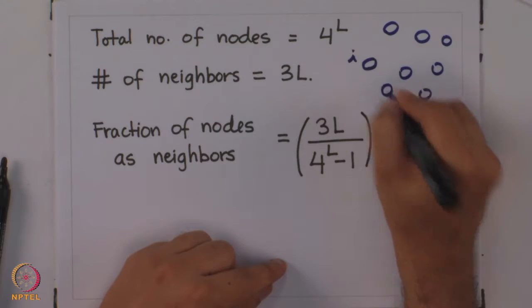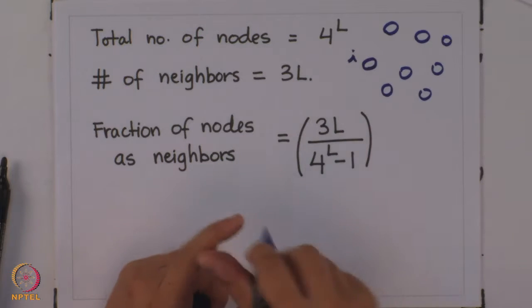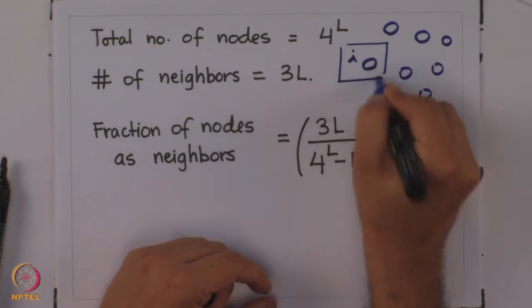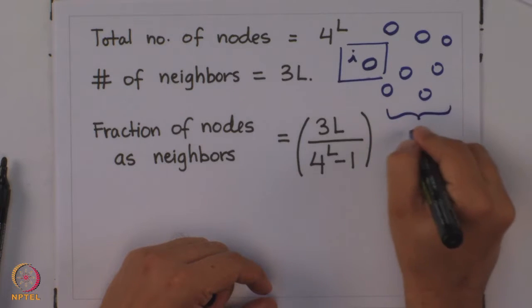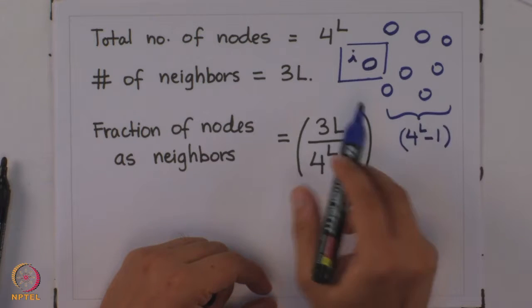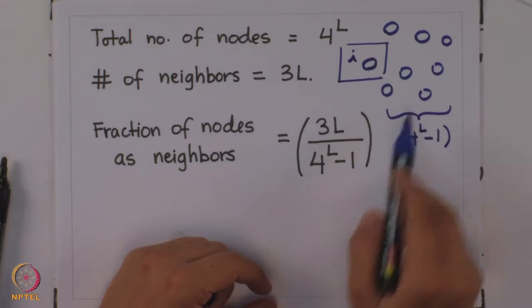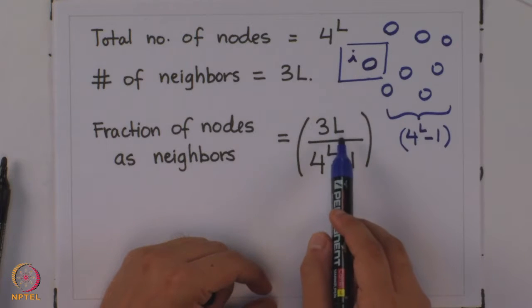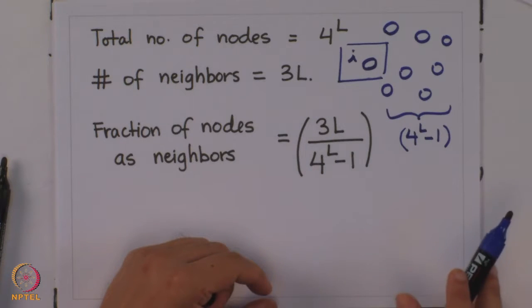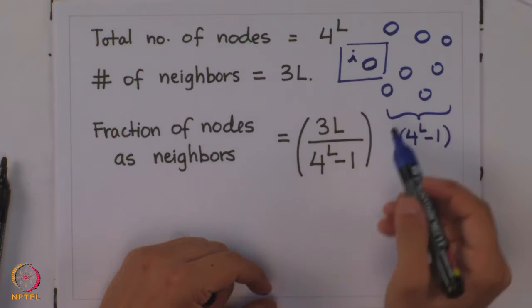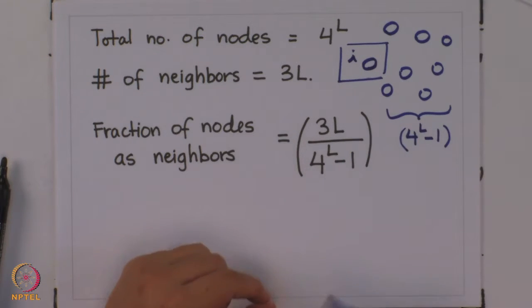If I leave aside the ith node, the total number of nodes is 4 to the power L minus 1, because I am not counting that node itself, and out of these, this node is only connected to 3L nodes. So the fraction of the nodes that every single node is connected to is given by 3L divided by 4 to the power L minus 1.